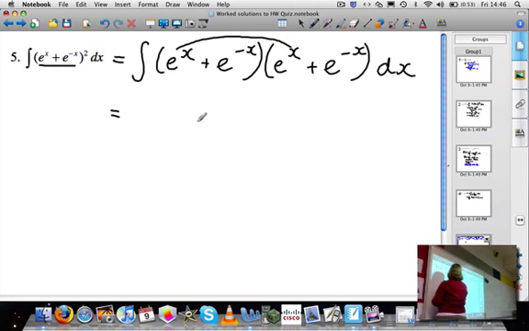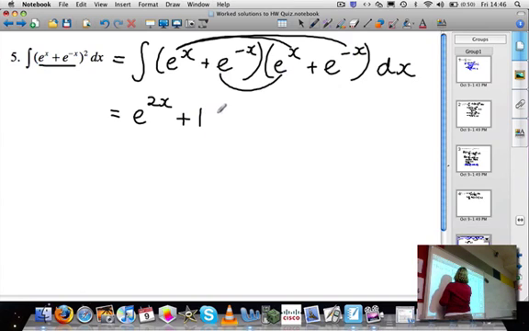e to the x times e to the x is e to the 2x. Remember, when you're multiplying, you add the indices together. Then e to the x times e to the negative x, x plus negative x is 0, and e to the 0 will just be 1. We get the same when we do this one, e to the negative x times e to the x.